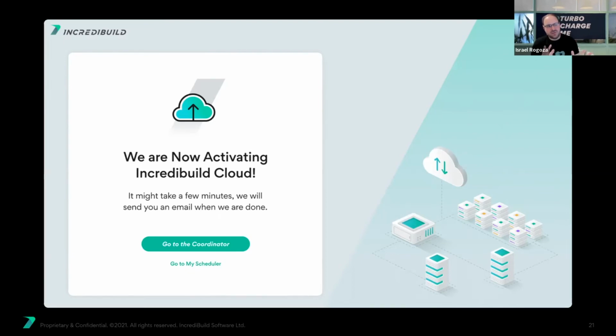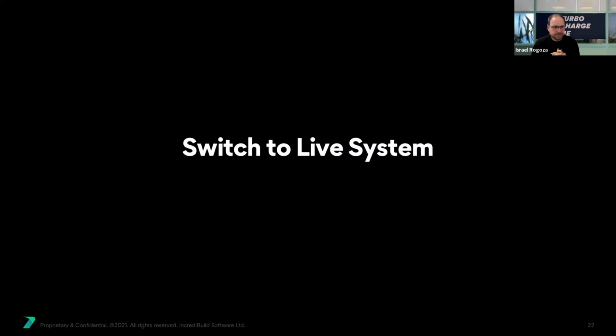So eventually with this process and the registration, from my experience, no more than 30 minutes and everything is up and running. Okay, so now I will show you the execution and how Incredibuild Cloud kicks in at the moment you need the compute power. So I will stop sharing this screen and we'll move on to my virtual machine.